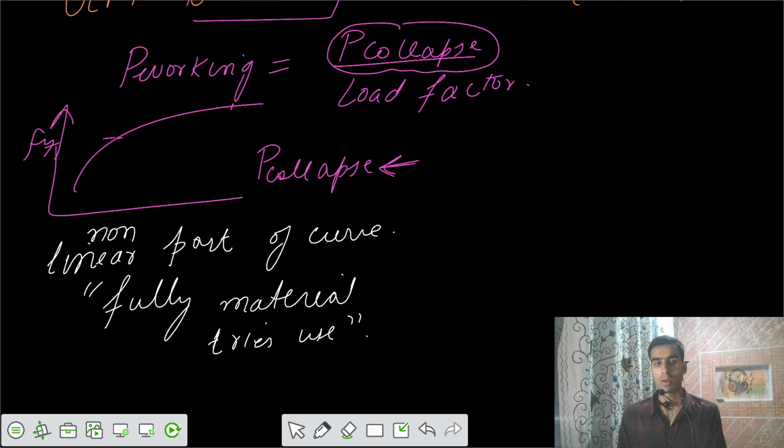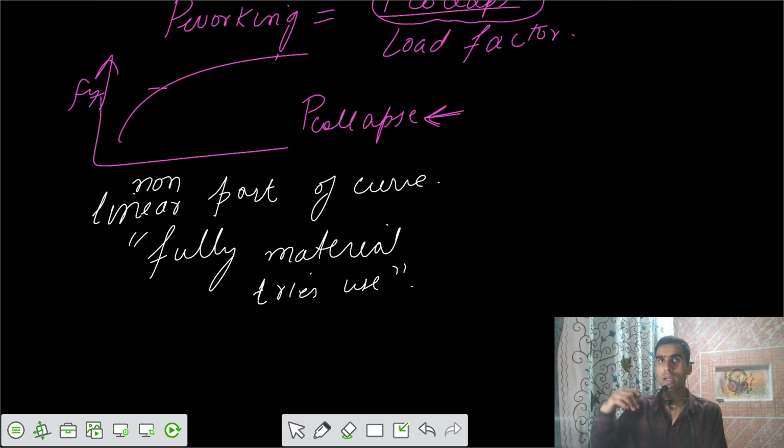But once it goes to the extreme level, one thing that happens is that your sections become thinner. It's trying to use the material fully by applying those load factors. Thinner sections are developed.